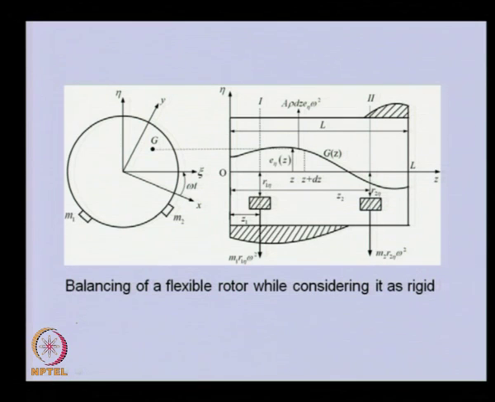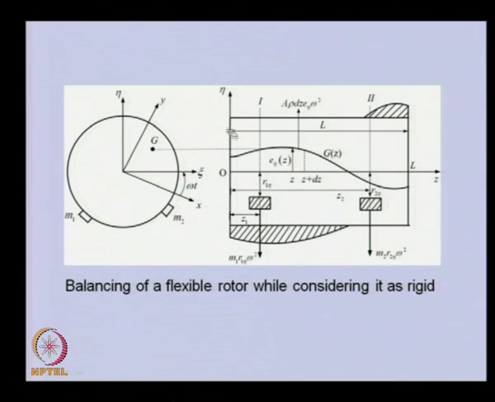If we have a rotor like this, let us say this is a rigid rotor, and the eccentricity of the rotor is continuously changing. This is the eccentricity variation. Eta z is the eccentricity variation in one of the planes.